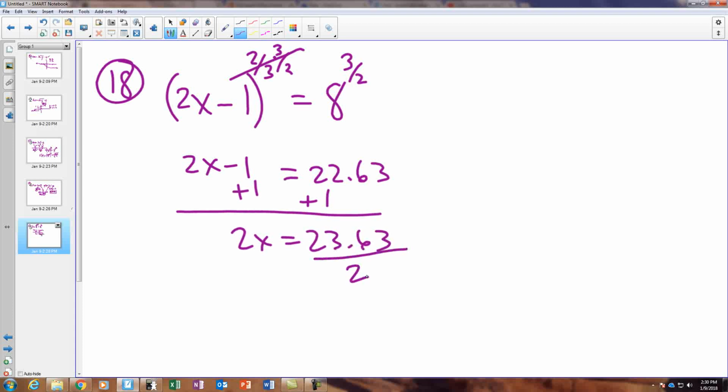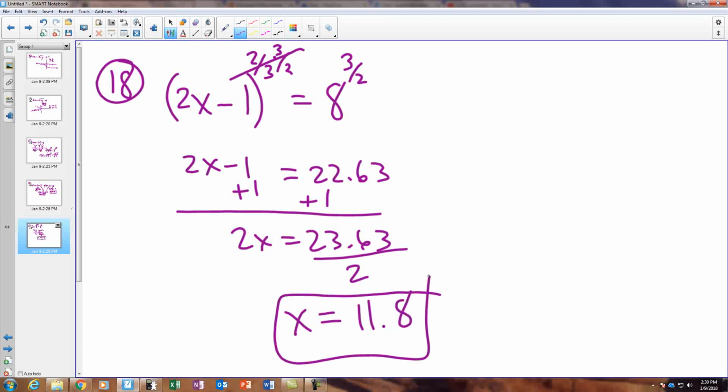And if I divide that by 2, x is 11.8. We'll call it 11.8. So we got 11.8 on 18. Honestly, it might come out as a whole number. It might come out as a decimal. They're going to happen from time to time during the test.